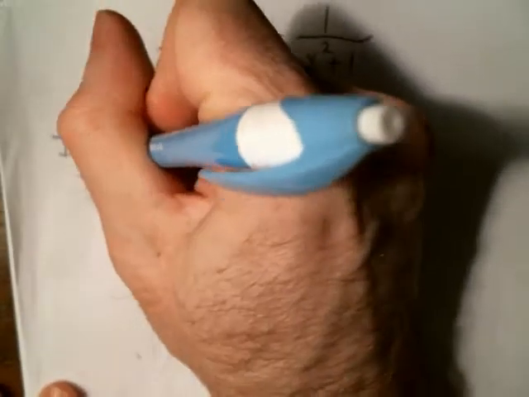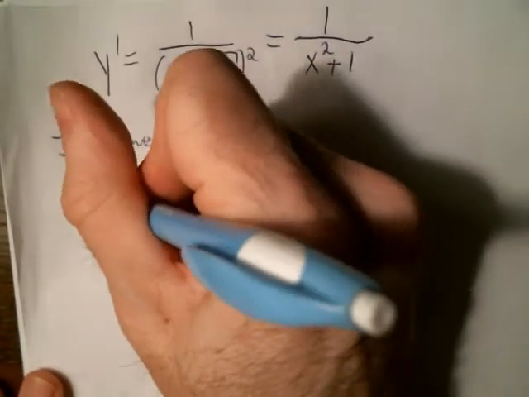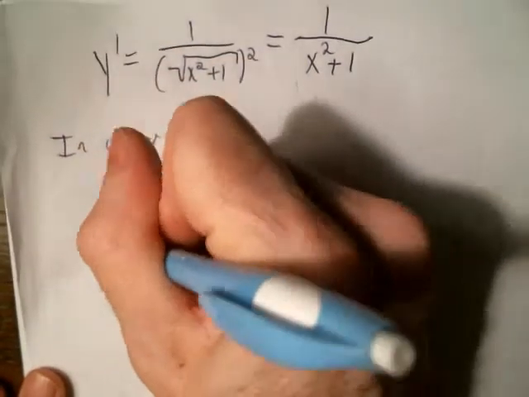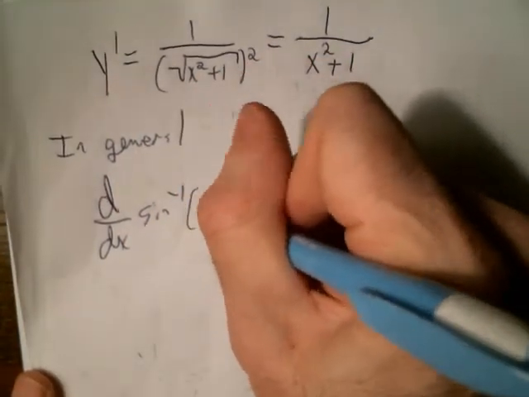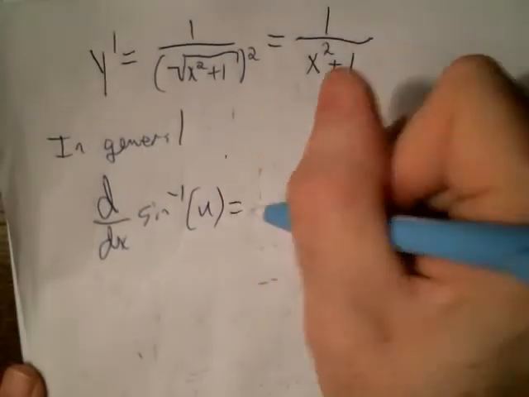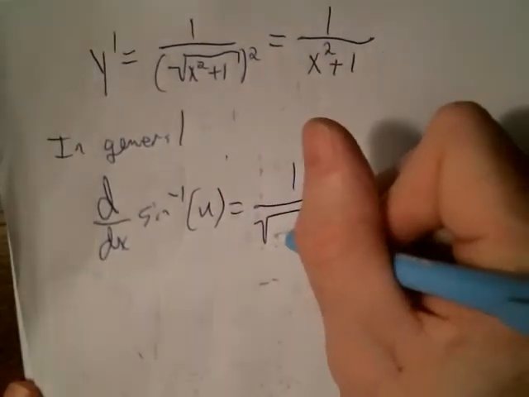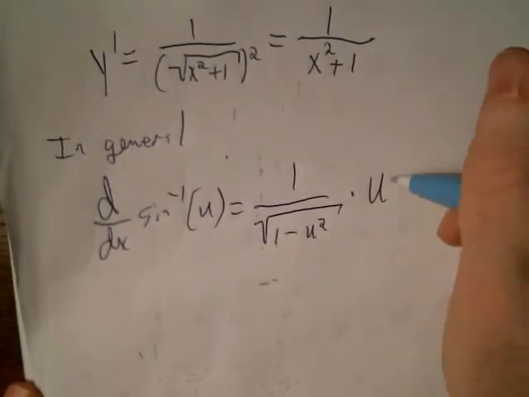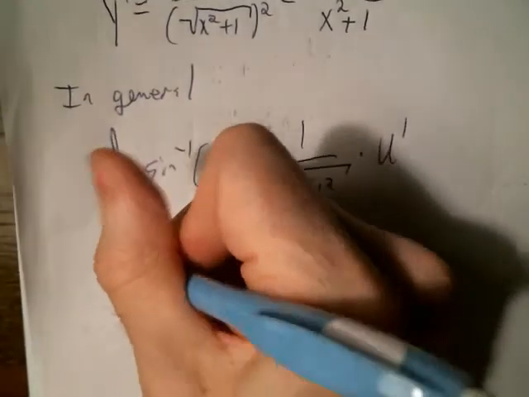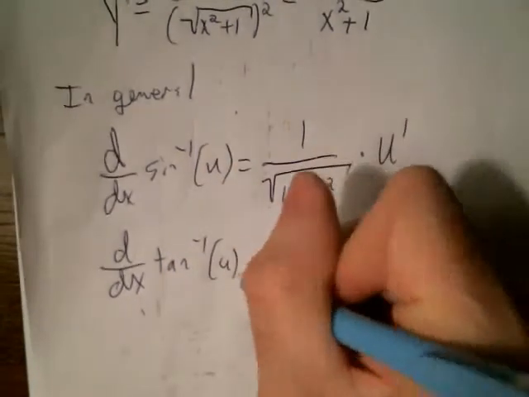In general, then, the two main important ones: the derivative with respect to x of sine inverse, and we'll put it in general terms of u, that'll equal 1 all over the square root of 1 minus u squared times whatever the derivative of u is with respect to x. And then the derivative with respect to x of tan inverse of u, what is that?